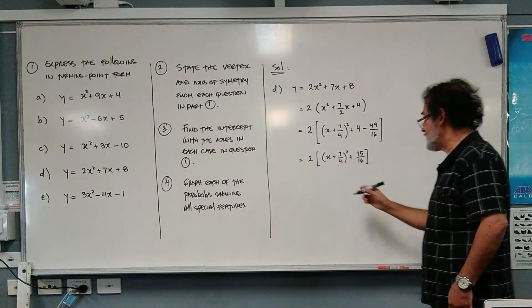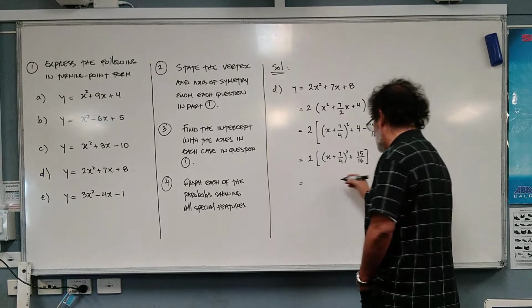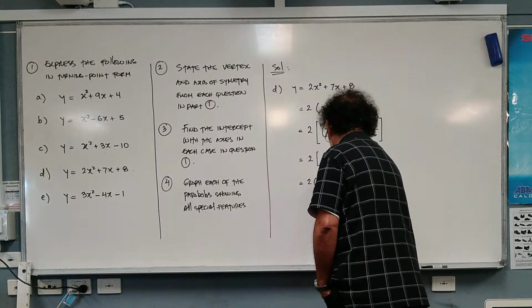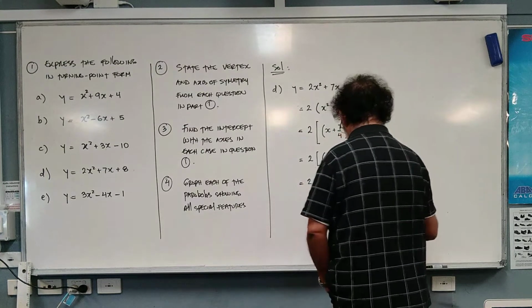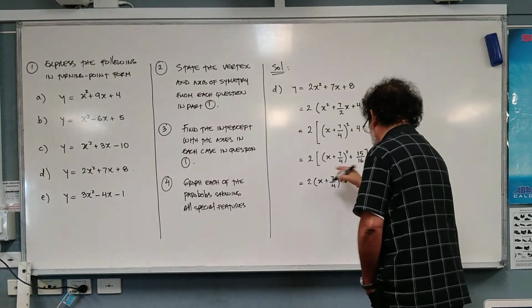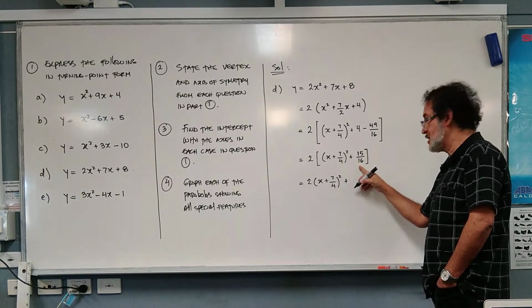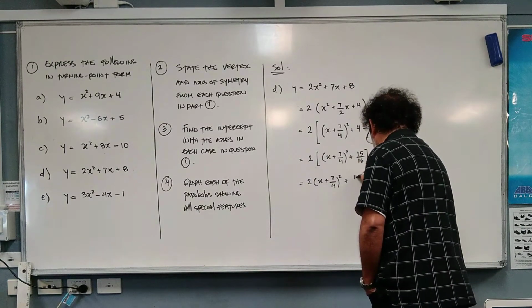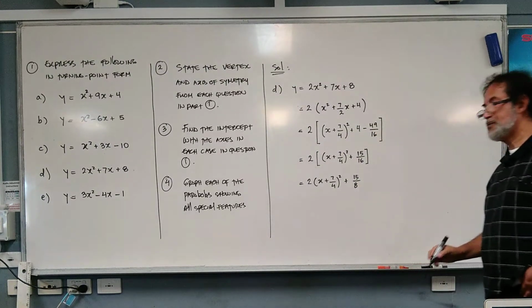Okay. And then we're going to multiply. Now we're going to remove the big bracket. So we're going to have 2 bracket x plus 7 on 4, and then if you multiply 2 by 15 over 16, then it's going to be 15 on 8. That's it. Okay?